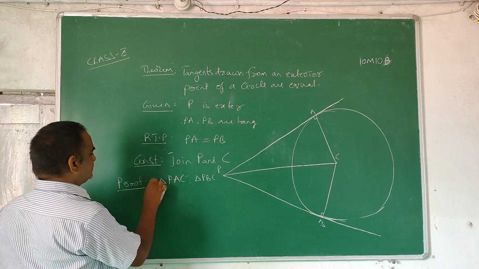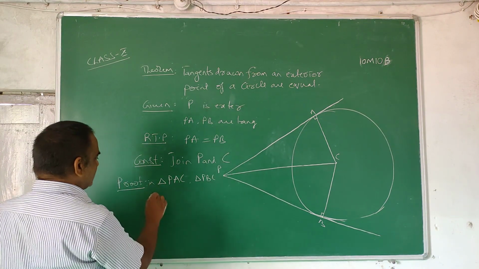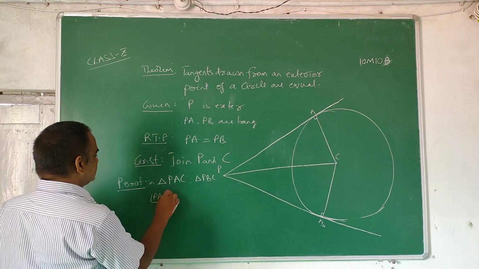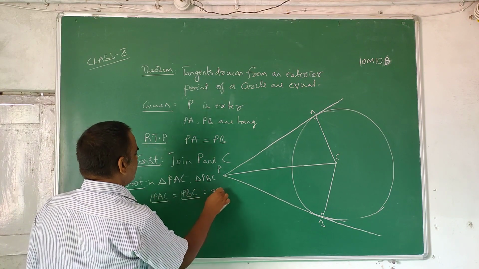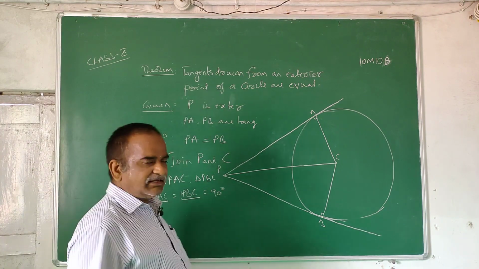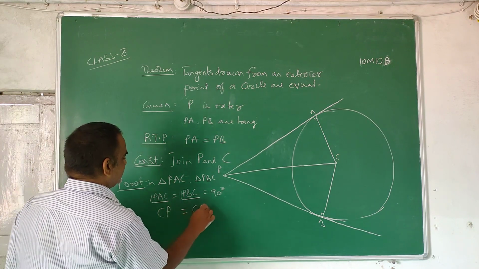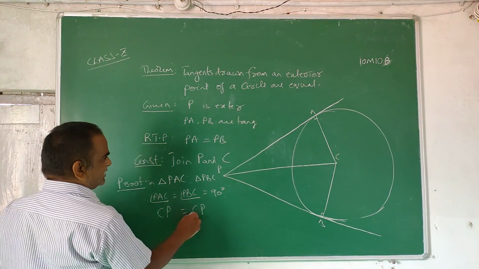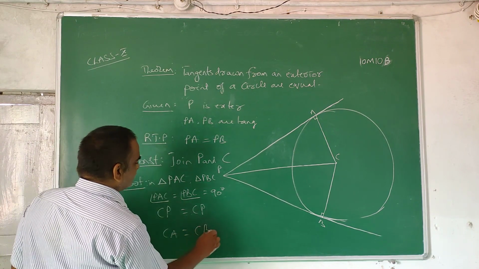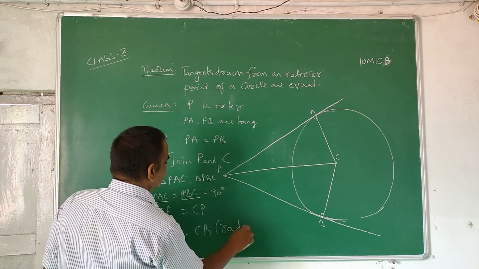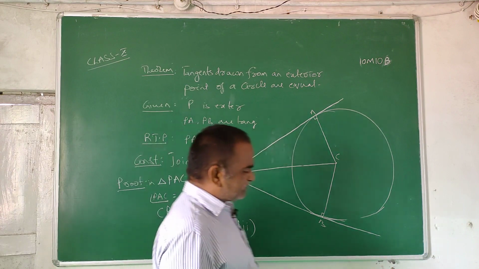in triangle PAC and in triangle PBC, there is a right angle. Angle PAC is equal to angle PBC, and each is equal to 90 degrees. And hypotenuse CP is equal to CP, common hypotenuse, and CA is equal to CB, radii of the same circle. Therefore, right angle hypotenuse side congruency is formed.